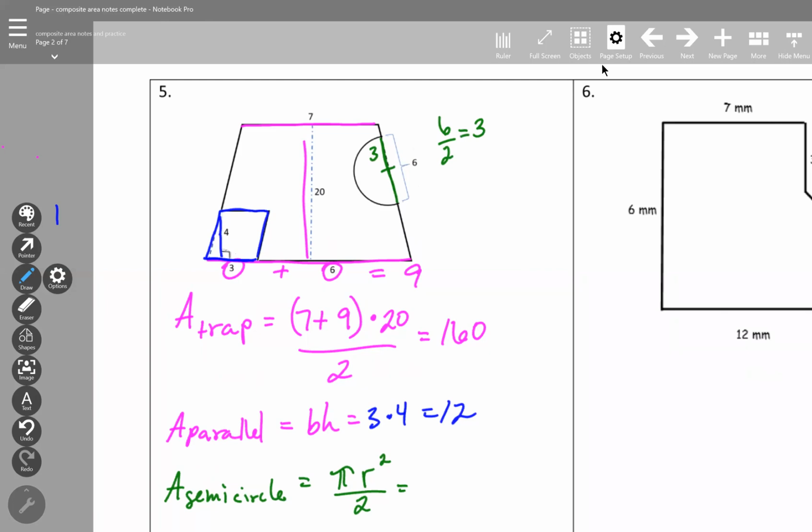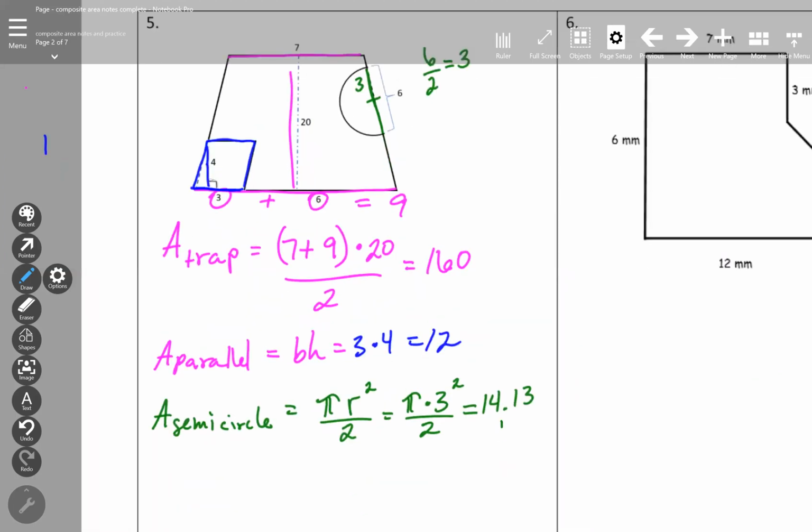So our radius is 3. So it's pi times 3 squared divided by 2. And remember, 3 squared is 3 times 3. So we have pi times 3 squared, which is 9, divided by 2, and we get 14.13, which will be 14.1.